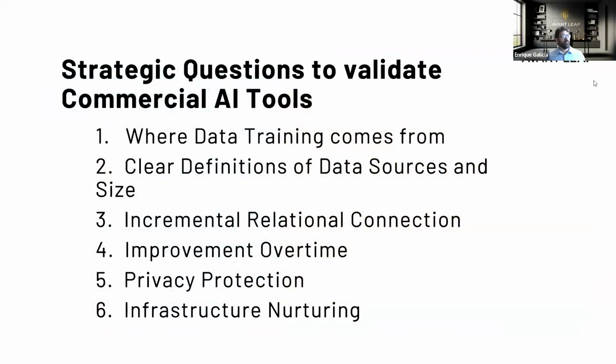Then we have the main settings we set as strategic questions to validate commercial AI tools. We need to know where the data training comes from, if it's from a democratic type of process or if it comes from a local type of service. Clear definitions of data sources and the size that we're using, because in that case we know how the responses are going to affect the incremental relational connection, so that each time we have a new result and we add something else, it gets bigger and bigger, and that would make much more accurate responses.